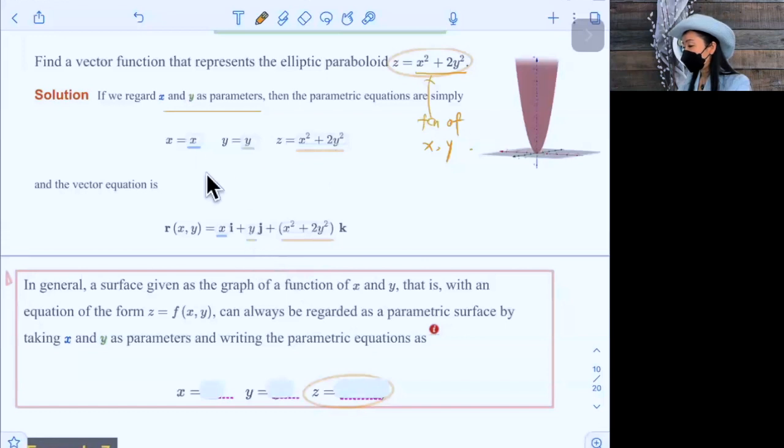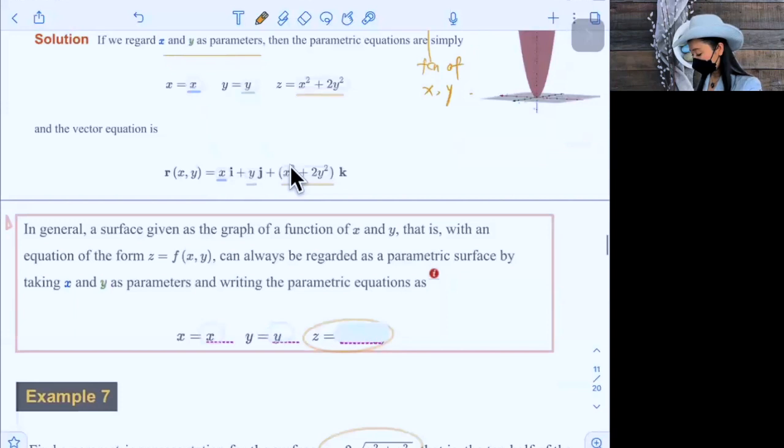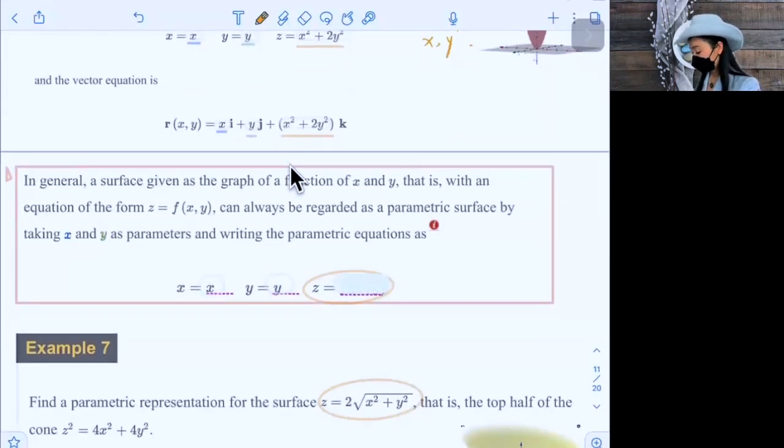So we're using x and y as the two parameters. Remember you try to find out what the two parameters are. So x equal to x, y equal to y, and z will be a function of x and y.